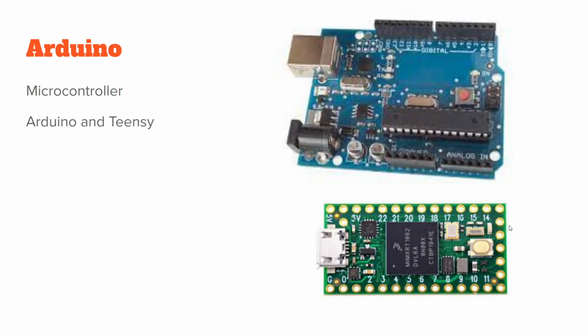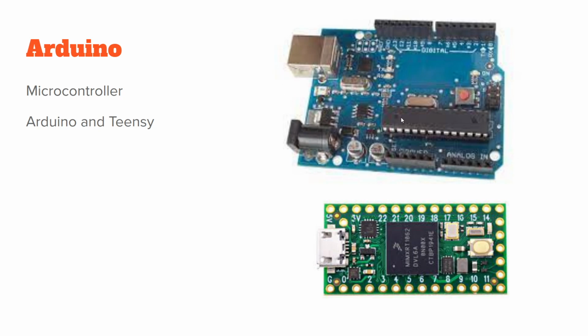Okay, we're switching directions here a little bit, and we're going to talk a little bit about microcontroller units. So this is an Arduino Uno. Arduino is a company that makes microcontrollers. Microcontrollers are basically very powerful printed circuit boards that can do a lot of different functions.